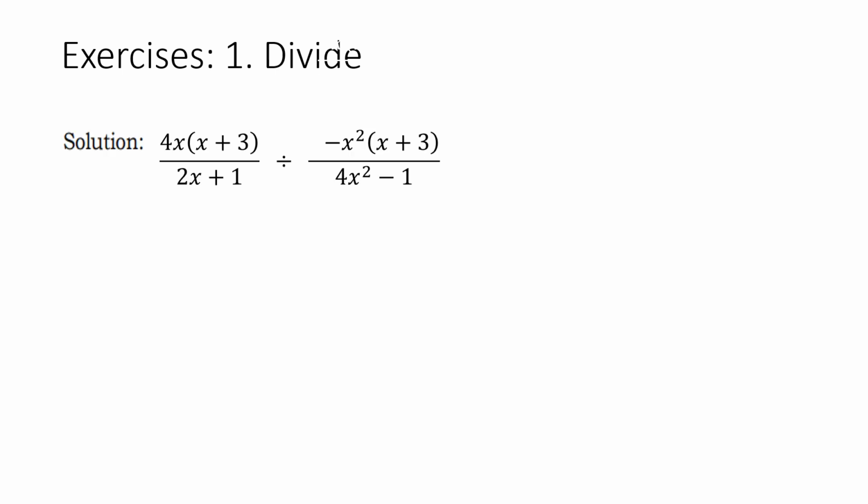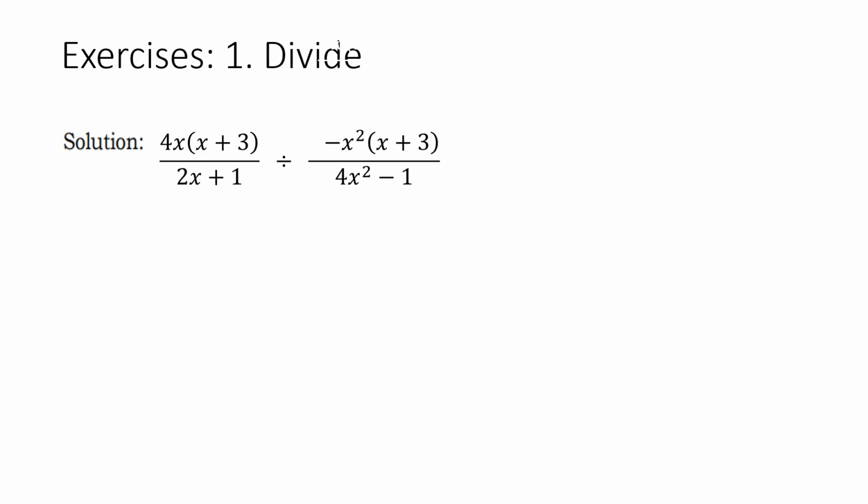Let's now try some exercises. Since this is an exercise, I will ask you to pause the video for a while as you try to solve on your own. And after you have simplified your answer, try to play the video again and let's compare our process. Let's now have our problem.